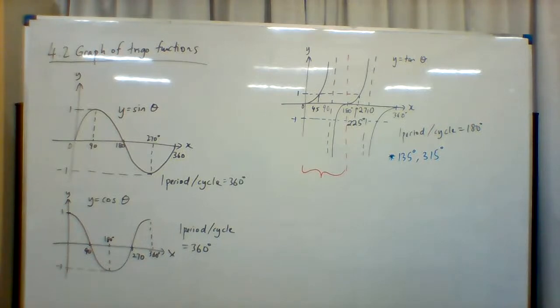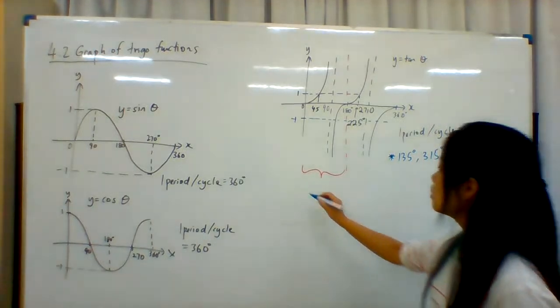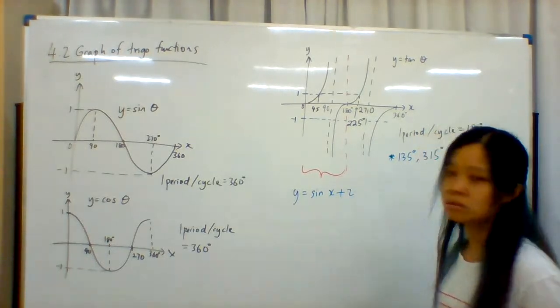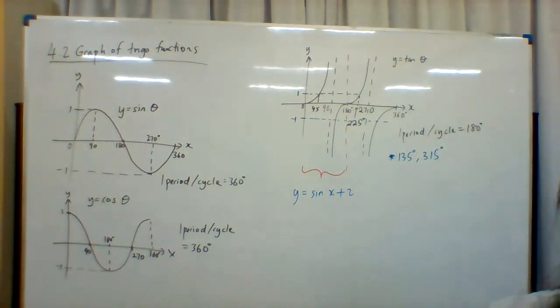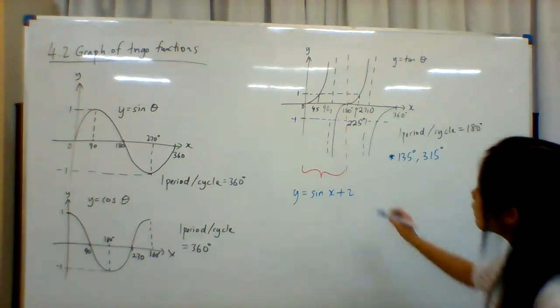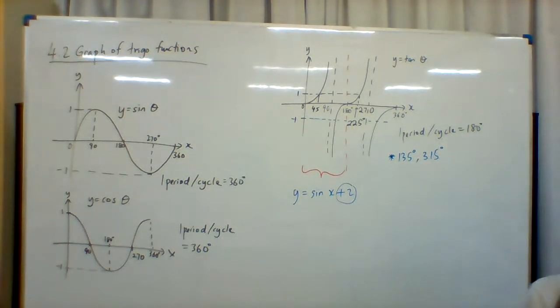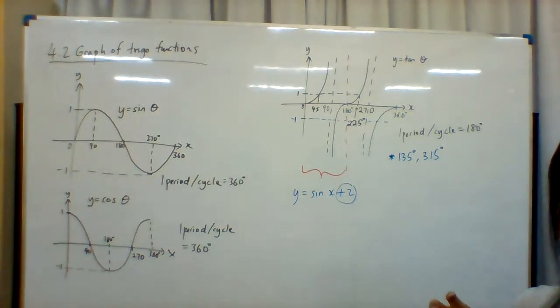But what if you have y equals sine x plus 2? Remember what I told you? If you have a plus or minus at the back here, it means that your entire graph, your baseline and your entire graph, is shifted up by 2 units.